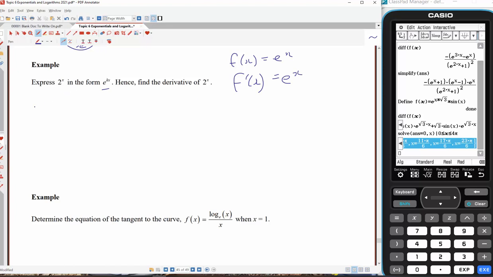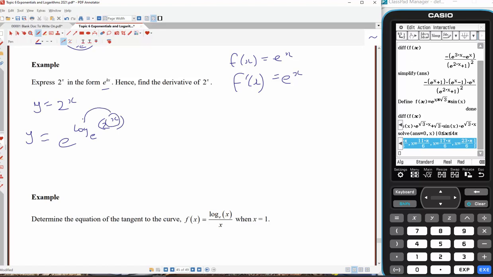So if y equals 2 to the x, another way of writing it is to use this particular rule, e to the log e of 2 to the x. Remember, e to the log e undoes itself, if you want to think about it like that.